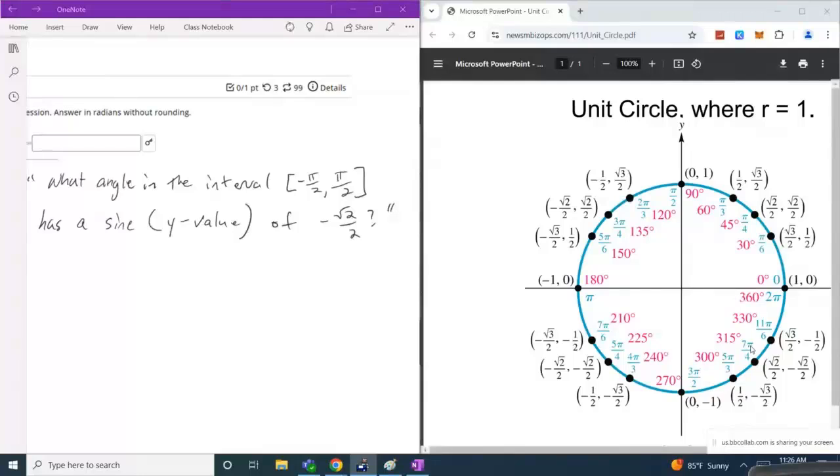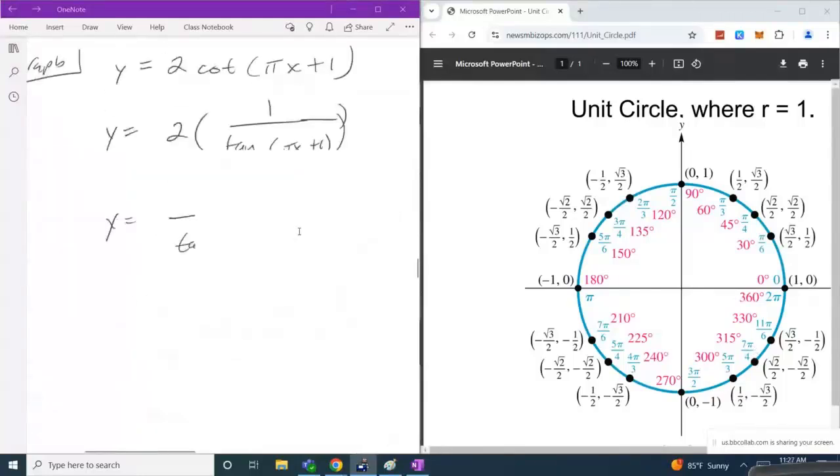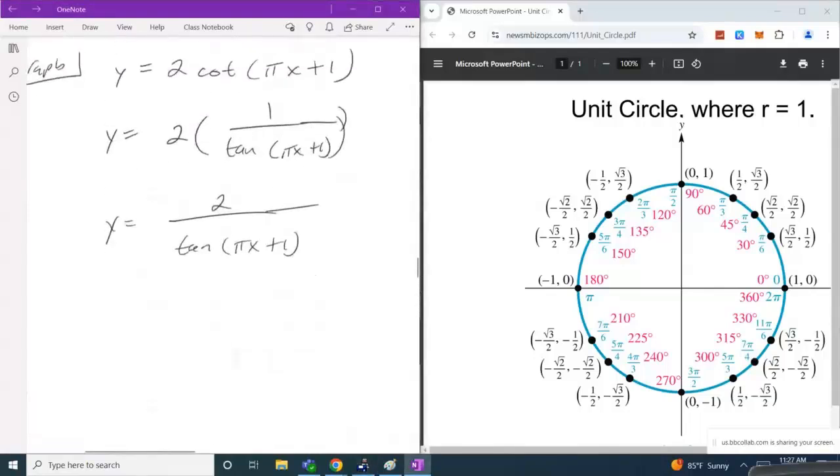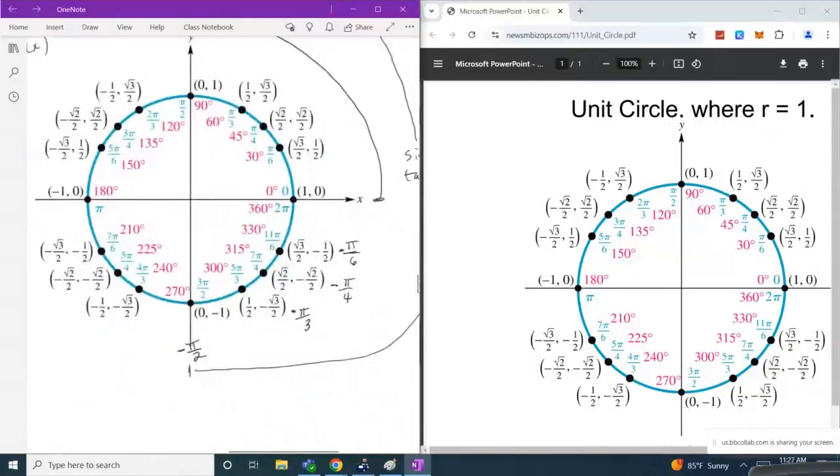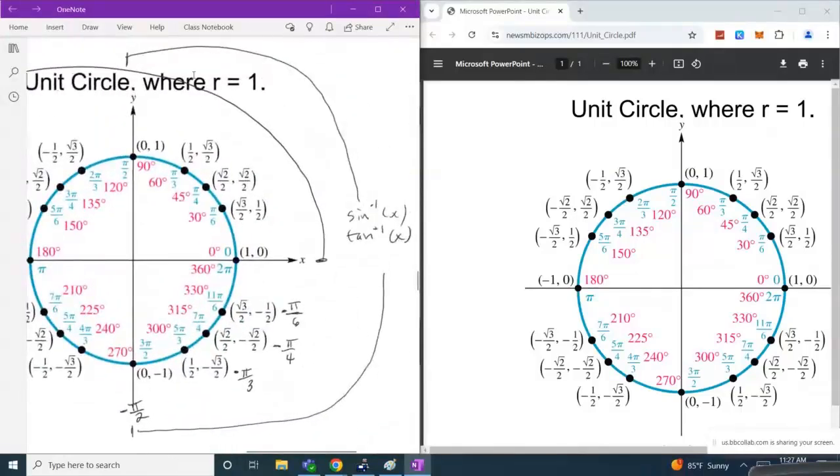If I look at this angle, 7 pi over 4, notice that our angle has to be between negative pi over 2 and positive pi over 2. So I'm not going to use 7 pi over 4 because that's actually outside of our range. I'm going to use a negative angle, which is negative pi over 4.